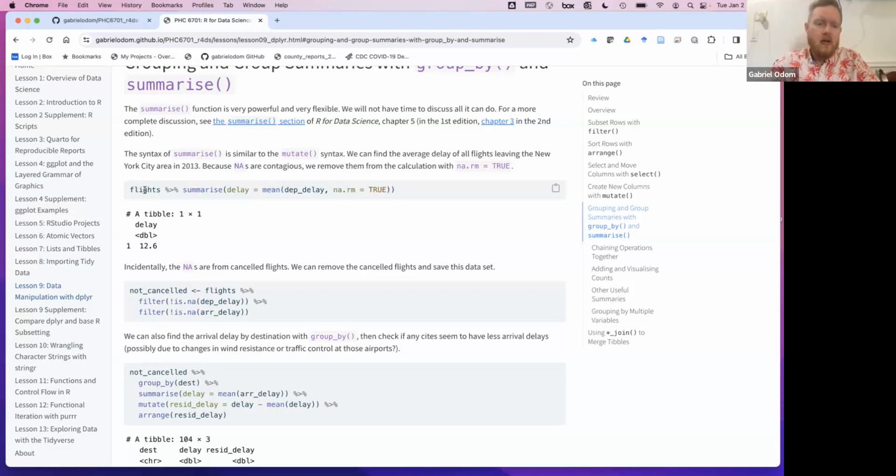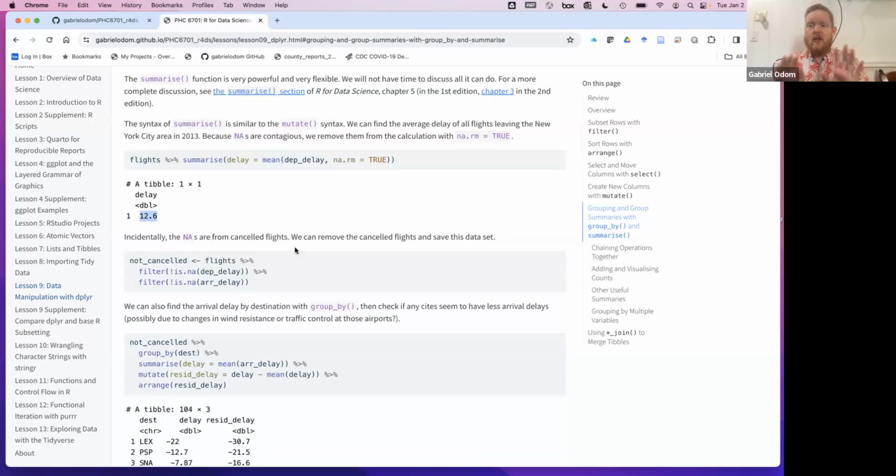What we're doing here is saying, find the flights and then summarize the flights by creating a value called delay, which is the average departure delay. So on average across 337,000 flights, we've got a departure delay of about 12 and a half minutes.